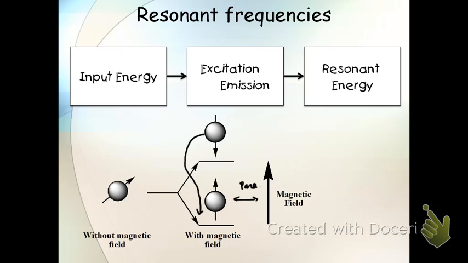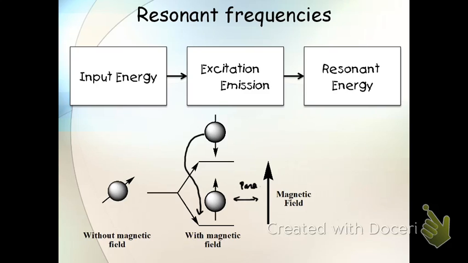So there are only specific energies that can be released, and that's going to depend on a number of different factors, one of which is under our control, which is the magnetic field. So input energy, we put the compound in a strong magnetic field. We input energy. We get excitation and emission.